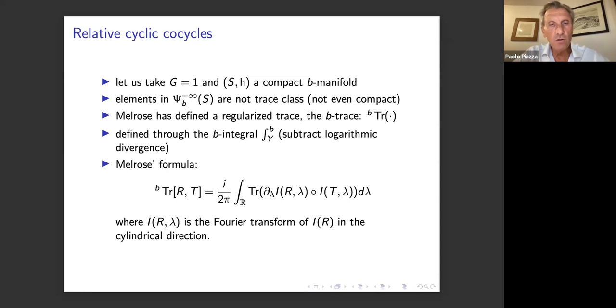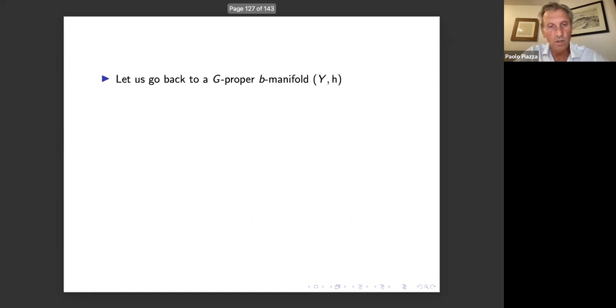And the Melrose formula, so this is not a trace, even if it is called a trace, but there is a very precise formula for the b-trace of a commutator. Here, remember, I_R was the indicial operator, translation invariant, and so we can take the Fourier transform of this operator. And this is the expression for the b-trace of a commutator.